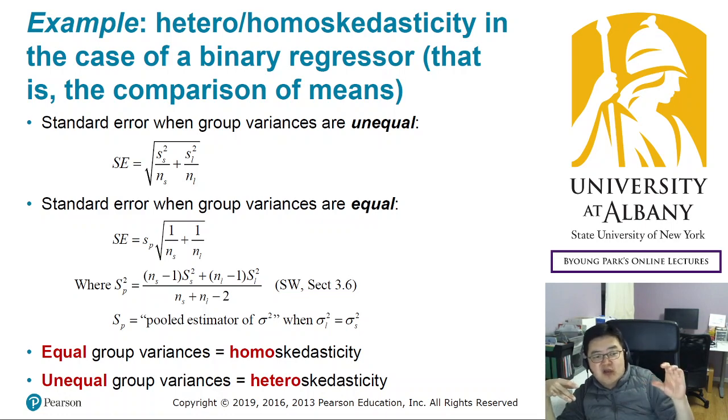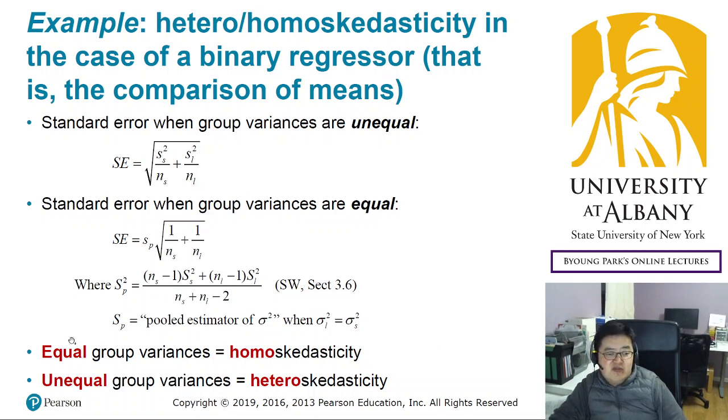The formula for that standard error depends on whether the variance is heteroskedastic or homoskedastic. As you can see, the formula in the first case, if they are unequal, can be written this way. But if they are equal, it looks more complicated, but actually it's easier.